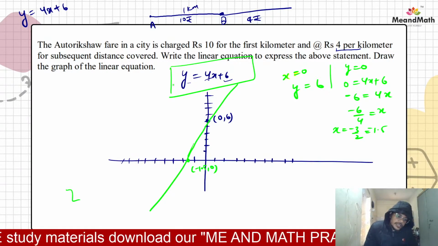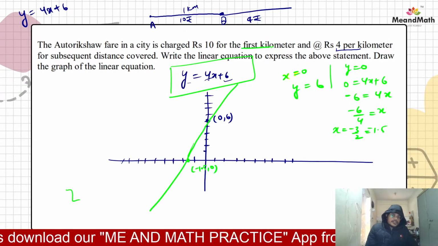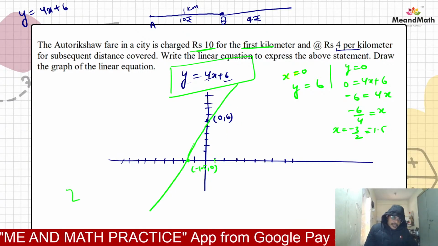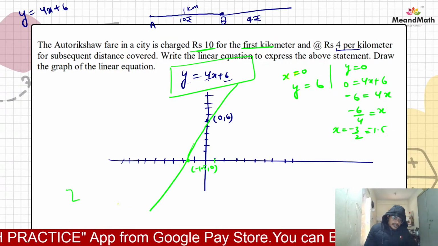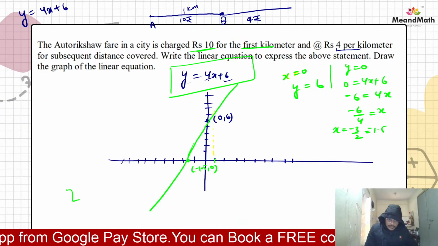See, if you want to look at your answer, that means if you want to check whether the first kilometer rate is 10 or not, you can check here. Here is 1, so draw a straight line here. Right?